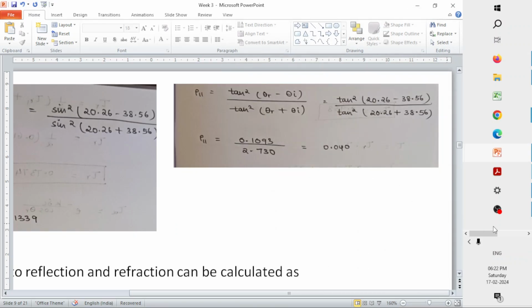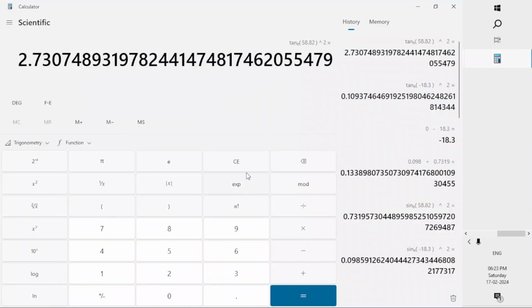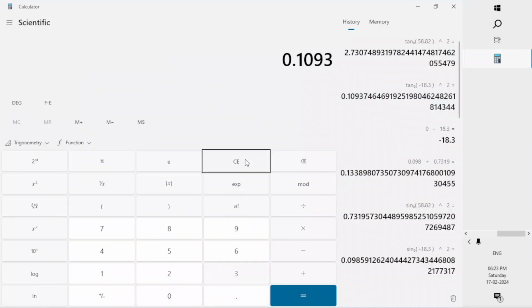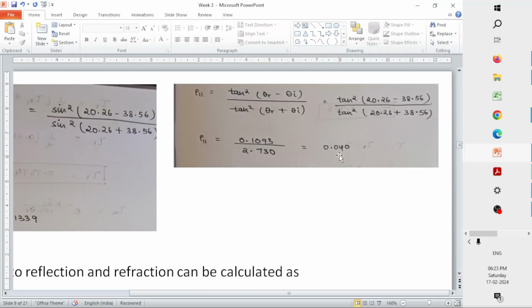If you take the ratio of both, you get 0.040. So now you have the value for both the components.